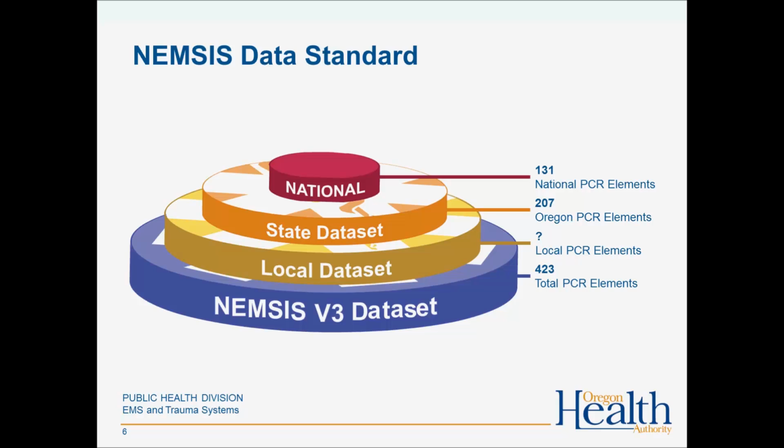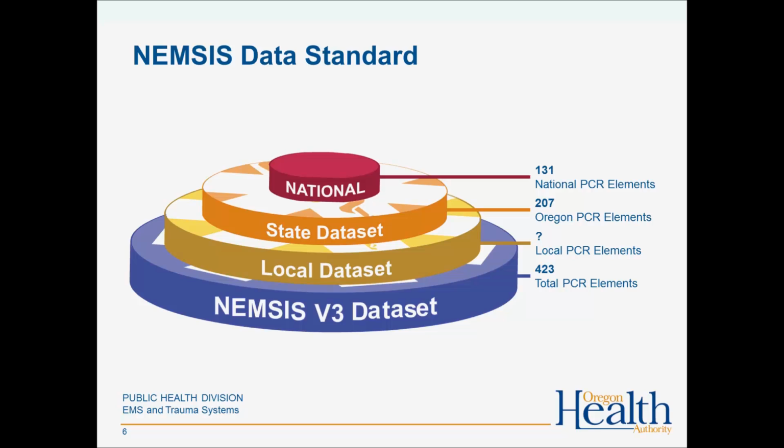For example, odometer readings are not required at the national or state level, but odometer readings may be important to your agency for billing purposes or other reasons, and so your agency may choose to collect those data elements even though they're not required at the national or state levels.